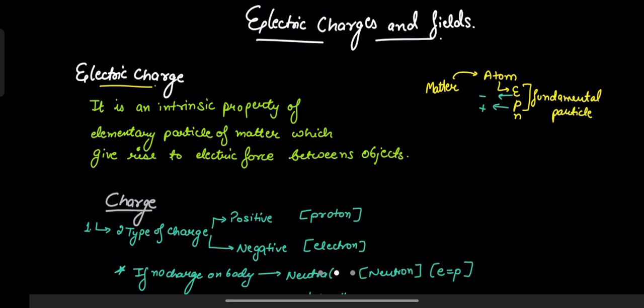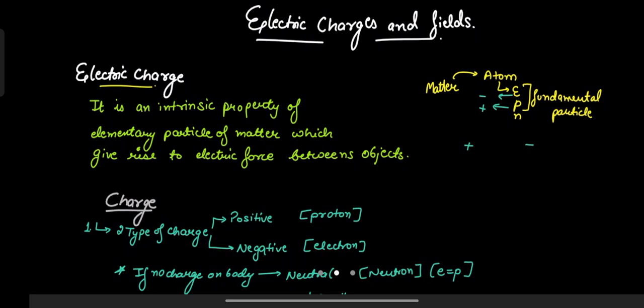Now the thing is that these electric charges apply force on each other. For example, if I have positive and negative charge, which are considered opposite charges, they will apply attractive force on each other. The positive charge will be attracting the negative one and the negative will be attracting the positive one. So there is an attractive electric force in between them.